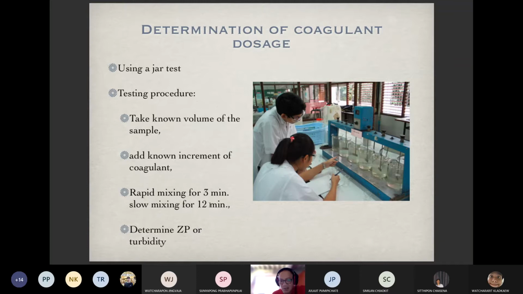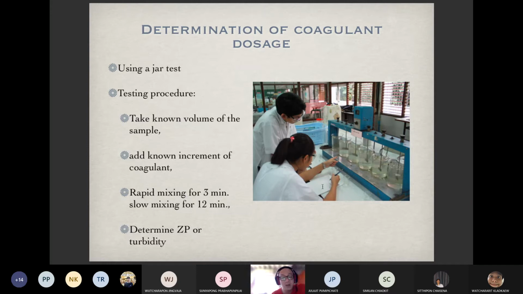Rapid mixing requires at least 3 minutes of stirring, but slow mixing needs about 12 minutes. For 3 minutes of rapid mixing, the speed we generally use is 100 RPM. Slow mixing we normally use is only 30 RPM.